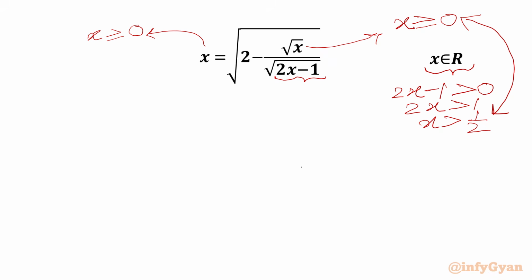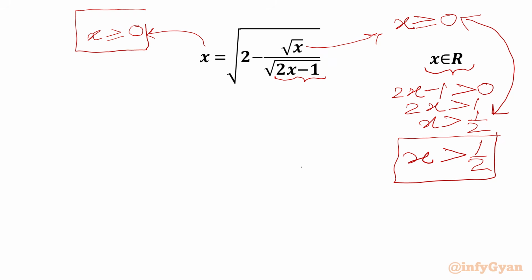We are going to get x should be greater than half. And from left hand side, we have x should be greater than or equal to 0. We will say our x must be greater than half, then only we are going to get real values of x.